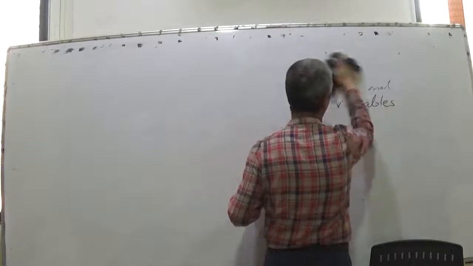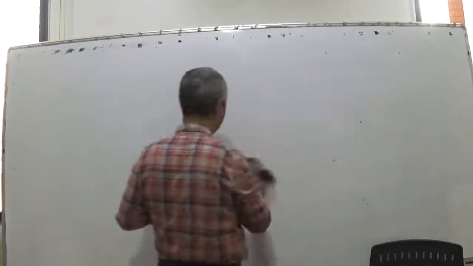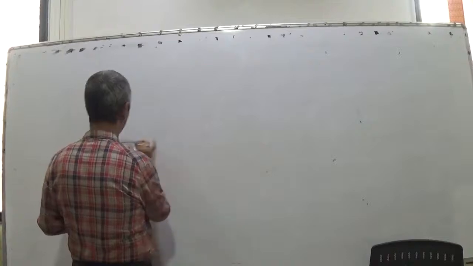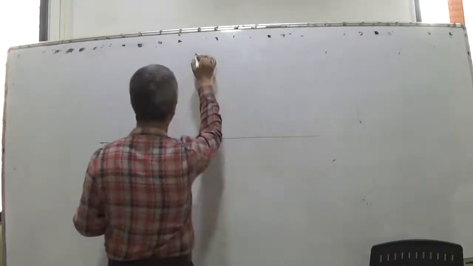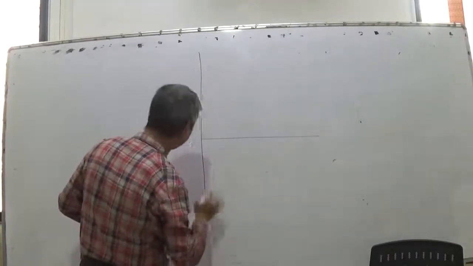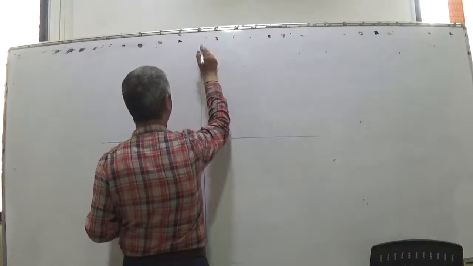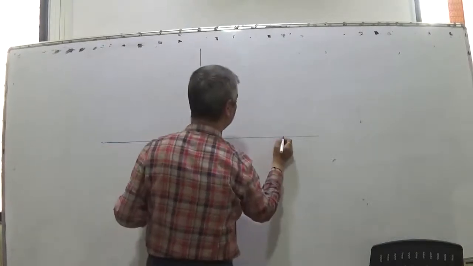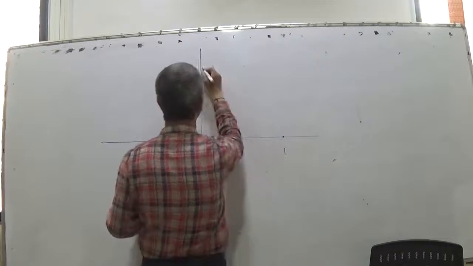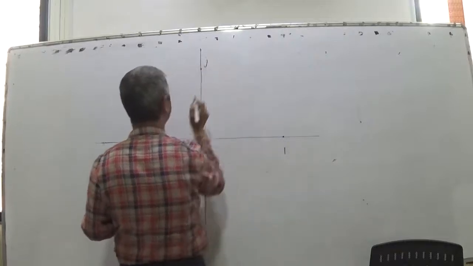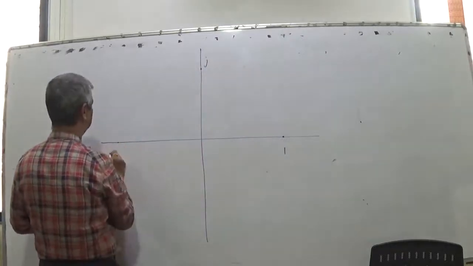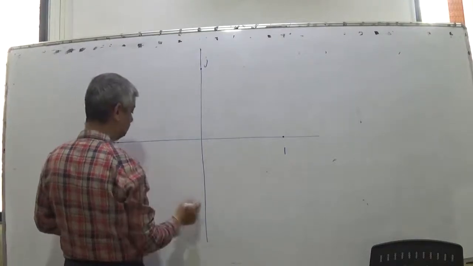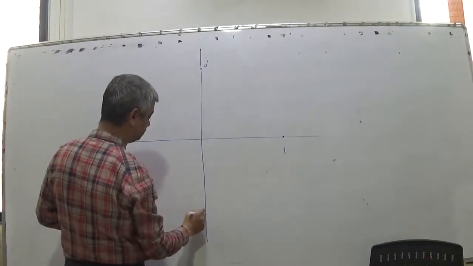You need to think a lot on that. So I am just giving some information, even though we are running out of time, because many things are to be taught. So this is 1, this is j, this is -1, and this is -j.